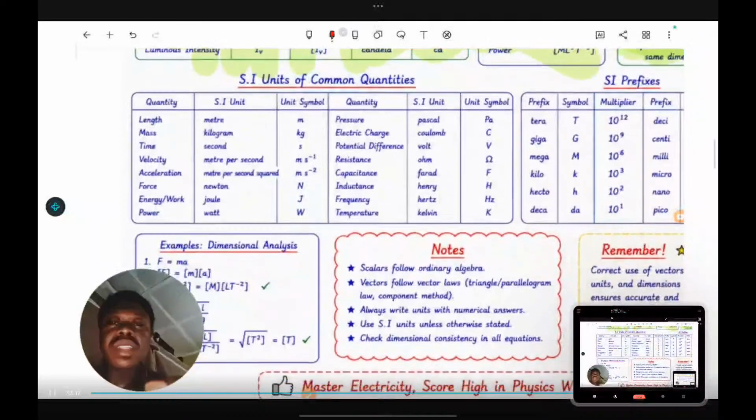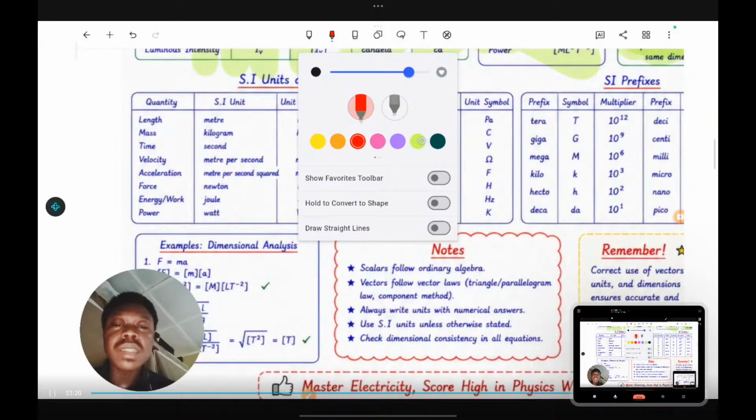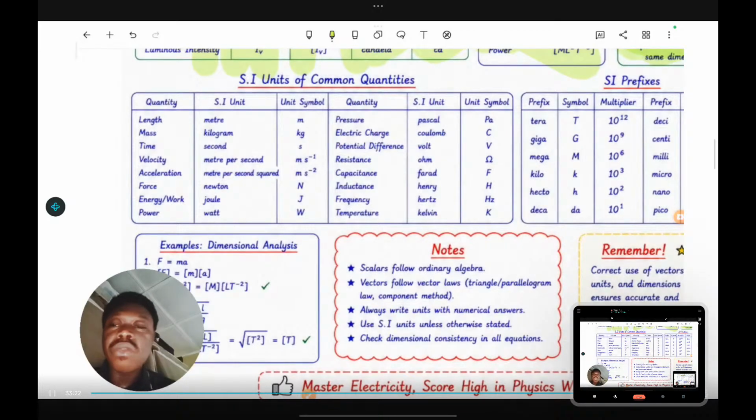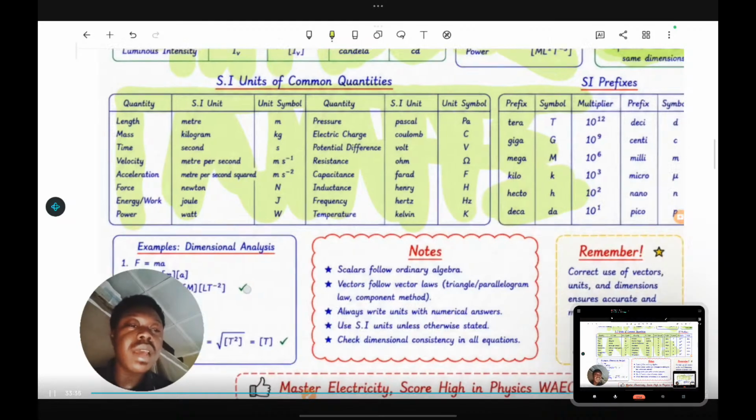Then I gave you this table so that you use it to practice. If you are with your phone, you can screenshot this now, so that you look at some of the quantities and practice them. Is that clear?